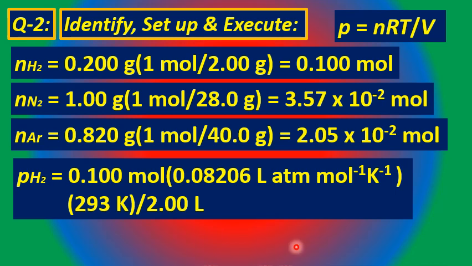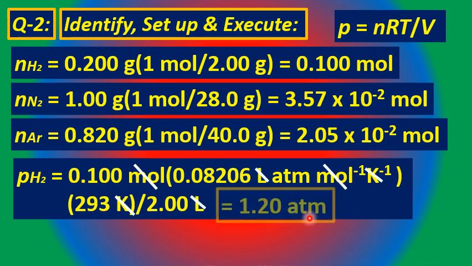So doing our math, we get the partial pressure for the hydrogen gas equal to 1.20 atmospheres.